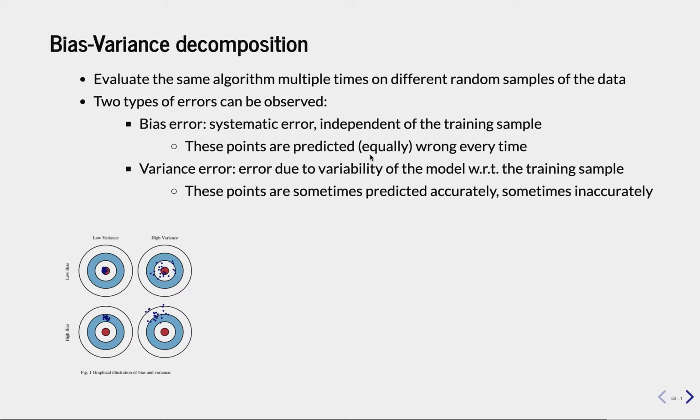They're predicted equally wrong every time. If, however, you have some points which are sometimes predicted correctly and sometimes incorrectly, depending on the exact training set, then that's a variance error. It means that your model is inherently a bit unstable. It's easily influenced by slightly different training samples, and this then yields different predictions.